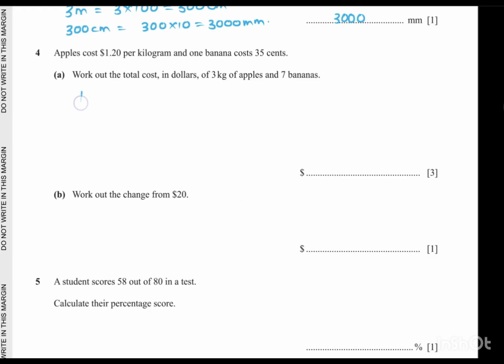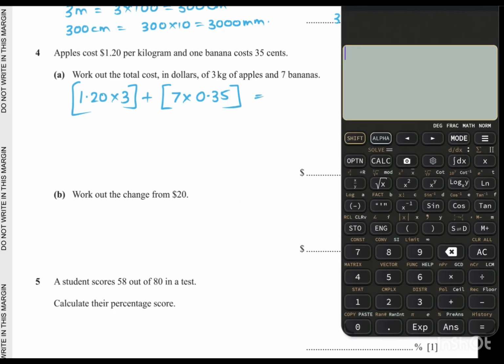I will multiply the cost of 1 kg apples with 3 kg, and I will add this amount to the number of bananas, 7 into 35 cents, which must be written in dollars.